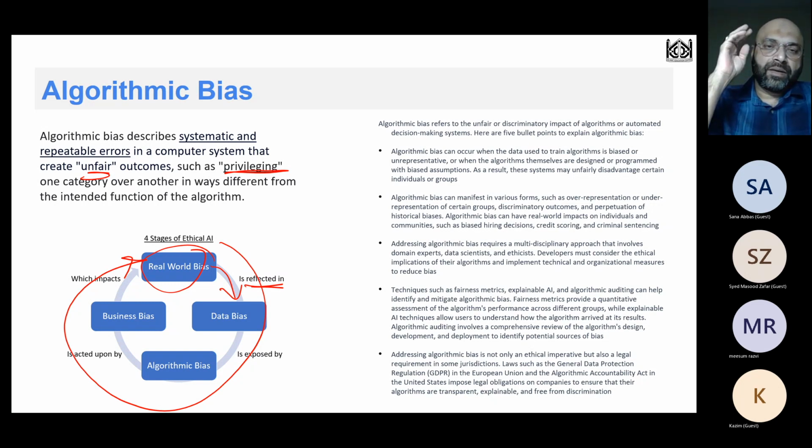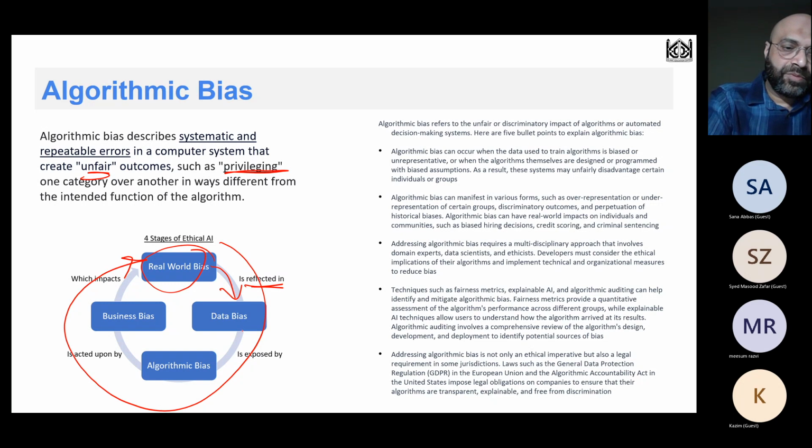So the bias in my mind gets embedded into the algorithm, and then from the algorithm into the data, and then the data is exposed by the algorithmic bias, which is then acted upon by business bias, which will impact the real world.